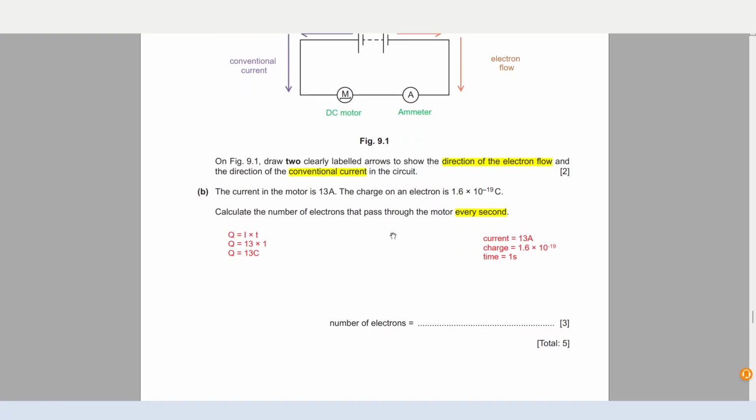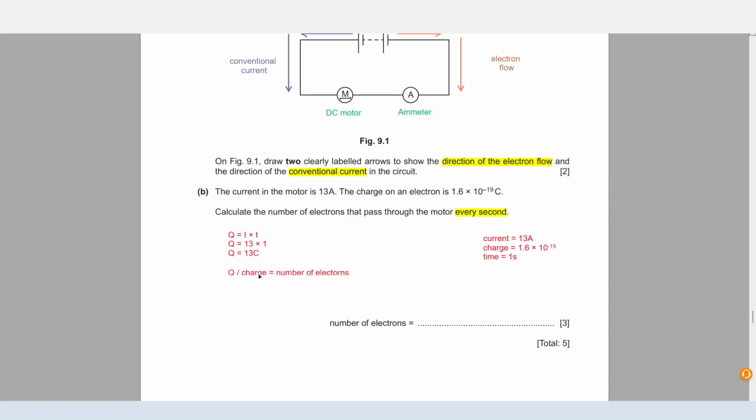Now the number of electrons is equal to charge of motor, which we have calculated here, Q, divided by the charge of 1 electron. What is number of electrons? The number of electrons is Q divided by charge on 1 electron.